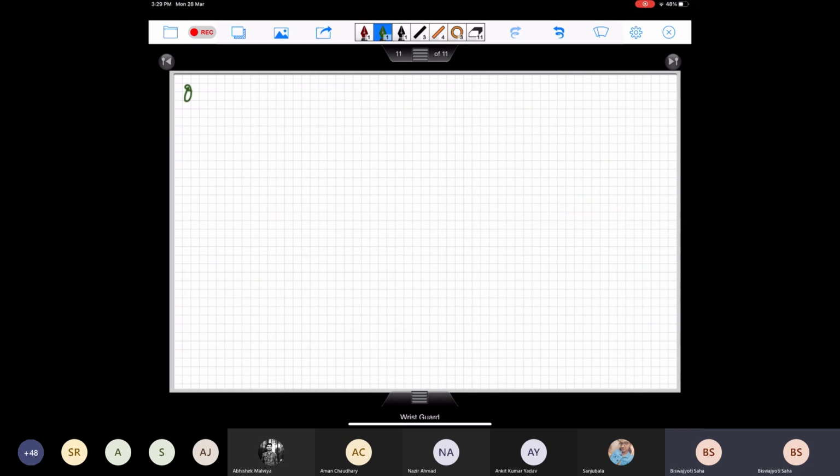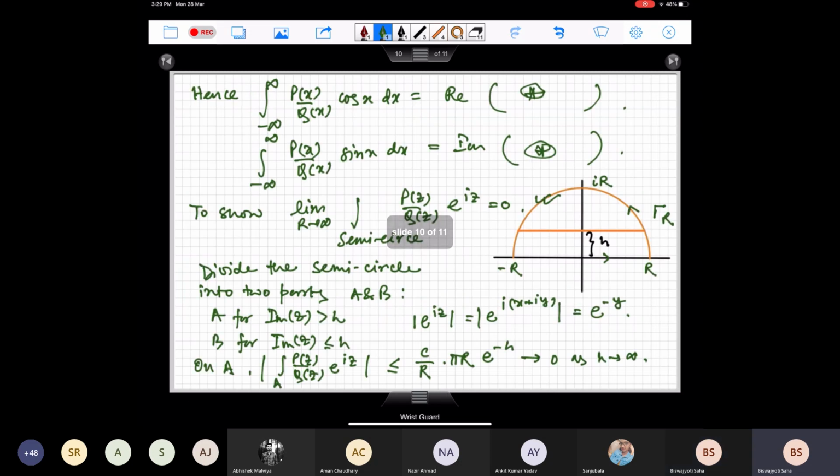So on b, what happens? On b, I have the integral over b of p(z)/q(z) e^{iz}. I need to integrate this. Again p/q is bounded by c times r, some constant times r, that's part of the circular region.